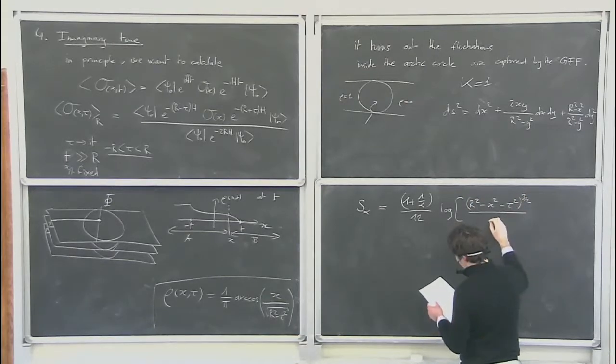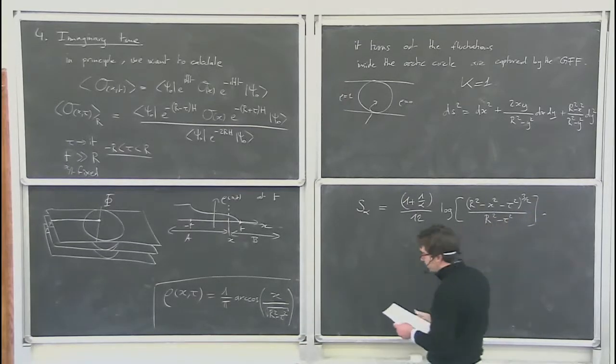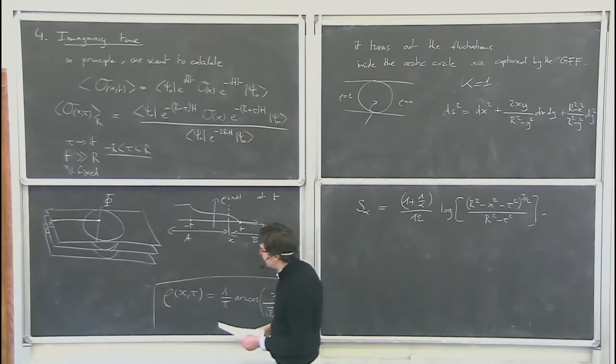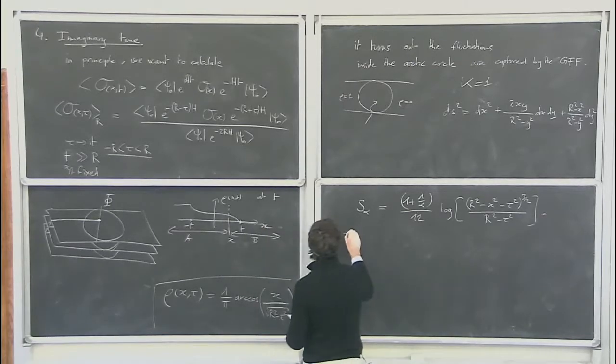And so, this is the result in the end. In imaginary time, and then you take tau to infinity, and as I said, then t much larger than r, with x over t fixed.